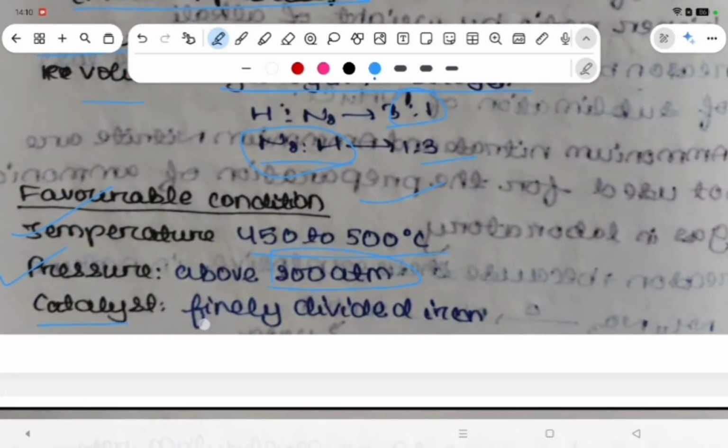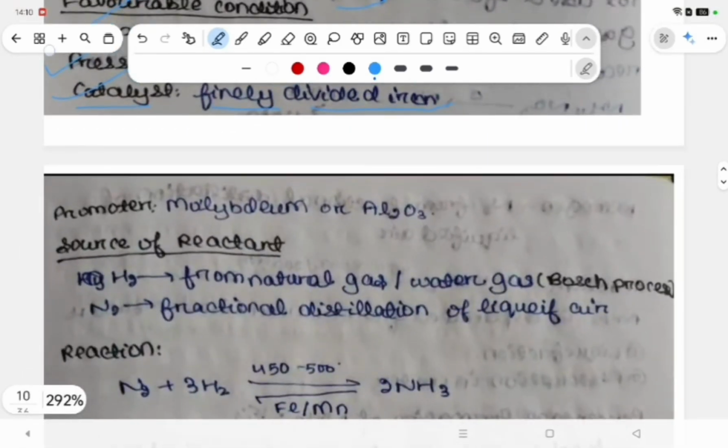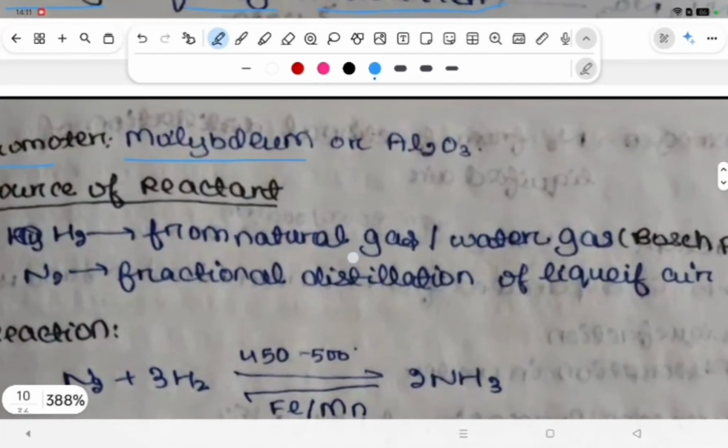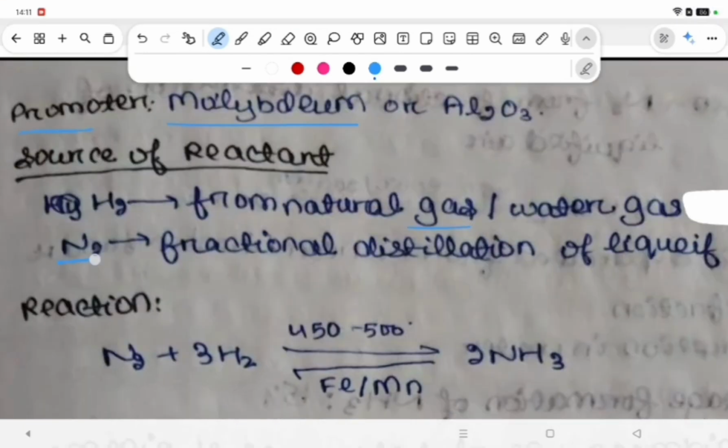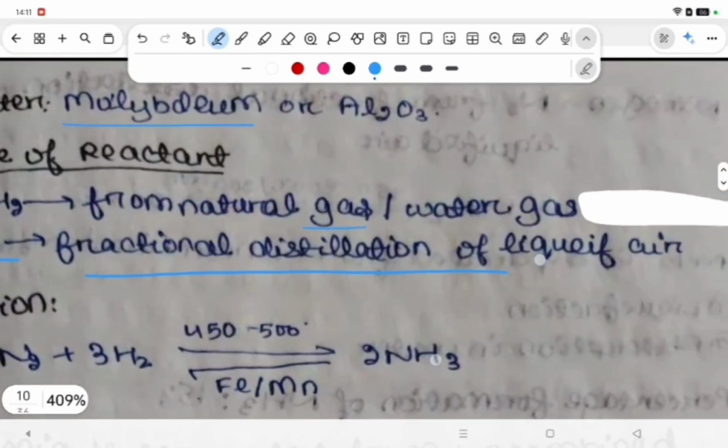Catalyst: finely divided iron. Promoter: molybdenum or Al2O3. Source of reactants: H2 from natural gas or water gas, N2 from fractional distillation of liquefied air.